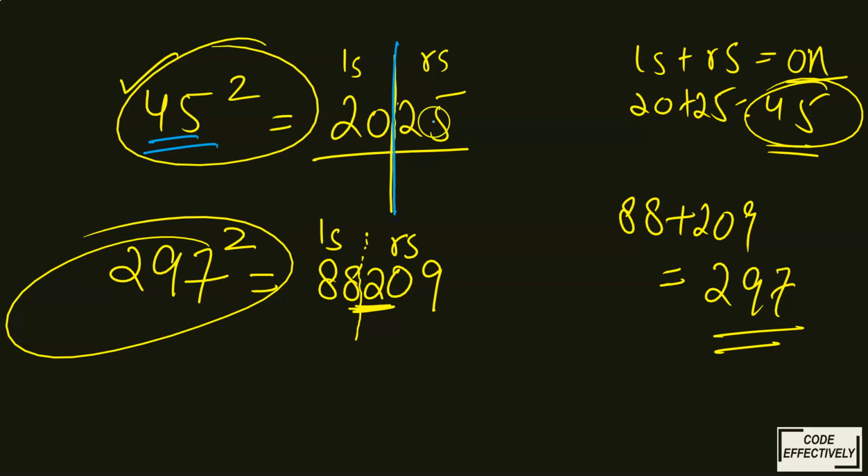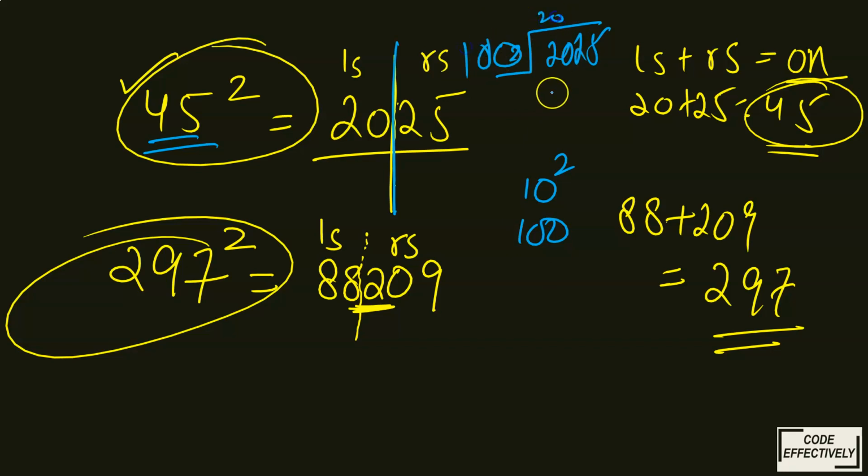So when we divide 2025 by 10 raised to the power 2, which is 100, you will see mathematically that the remainder comes out to be the RHS and the quotient comes out to be the LHS. That's why I'm taking this methodology.